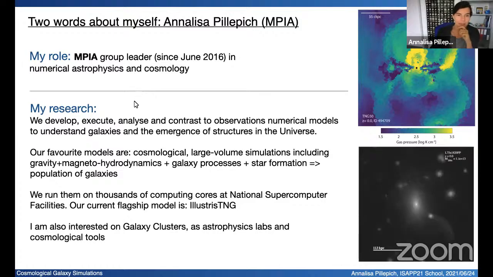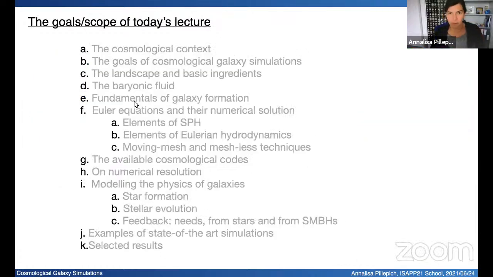Okay, so during the next 1 hour and a half or so, I will give you really some keywords and pointers to understand both the foundations and the limitations of this kind of numerical models.